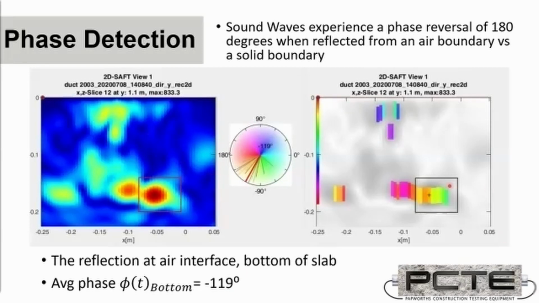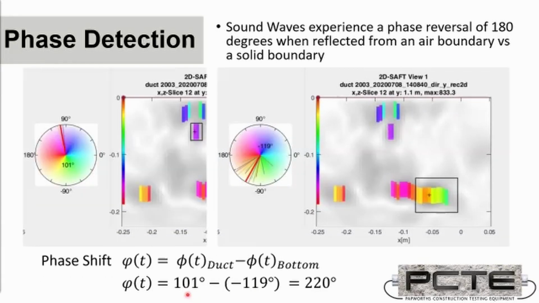We can then look at the phase of the reflection from the thickness of that wall. That thickness is an air interface. So now we have a phase of minus 110 degrees. So we can see that we've got a difference in phase between those 2 points of about 220.